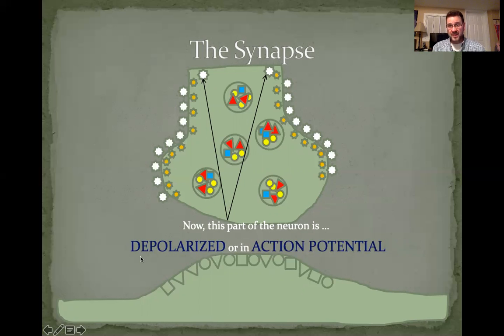Remember, polarization is when the sodium and potassium ions are separate from one another on opposite sides of the cell membrane. But depolarization is when these ions start to mix. They're no longer separated. The sodium rushes in, that's depolarization. The cell is no longer at rest. These ions are no longer chilling. The neuron is now in action potential, and let's look at what that means.